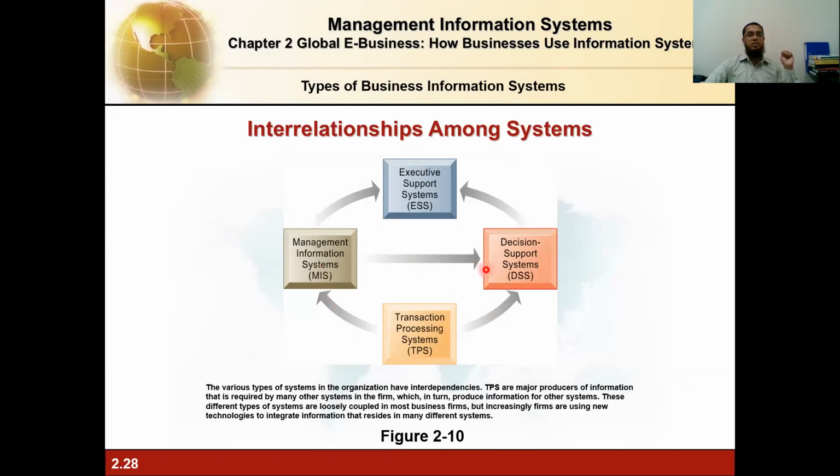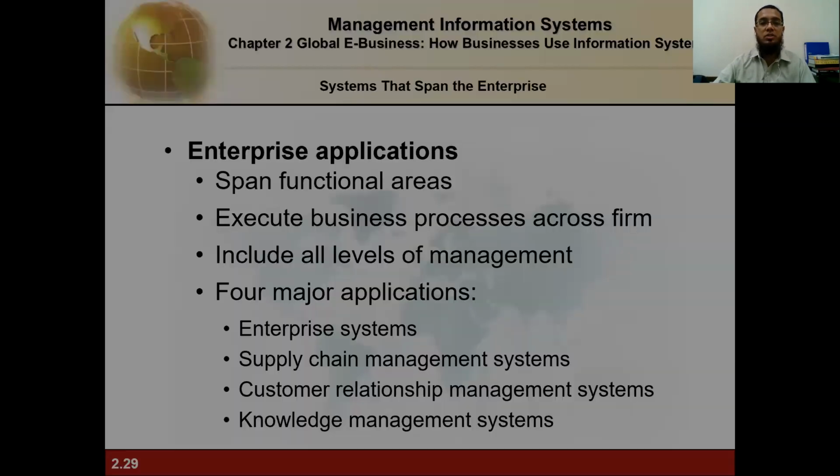If the MIS is only data driven, then we say MIS, and if it depends on models, then we say decision support system. Both give information to the executive support system. If there is no DSS or MIS, ESS cannot work, so DSS and MIS are both essential to the executive support system.